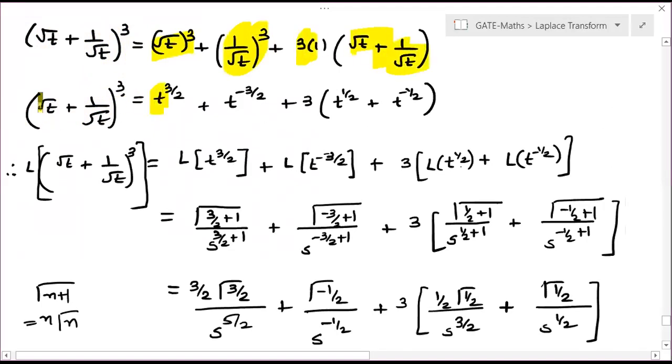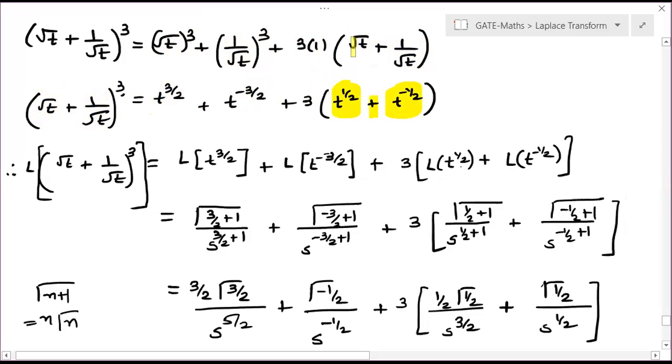Our a is root t over here, b is 1 upon root t over here, right? 3a into b, its product is 1, into bracket a plus b. So it is root t plus 1 upon root t. Now it will be t to the power 3 by 2 plus t to the power minus 3 by 2 plus 3 times t to the power half plus t to the power minus half.